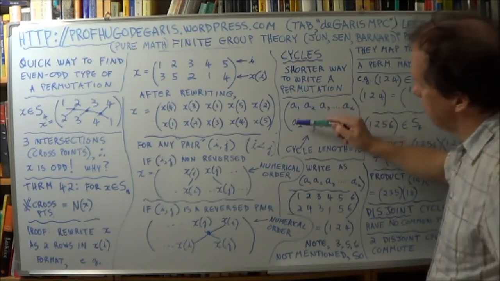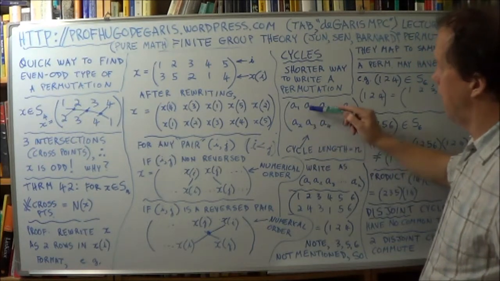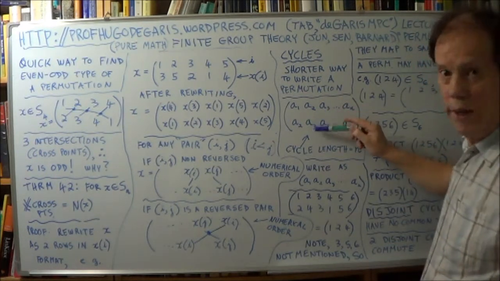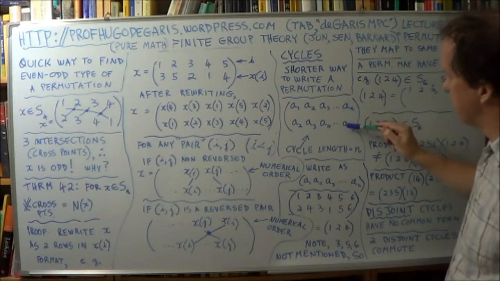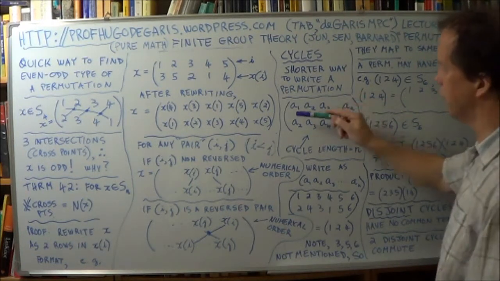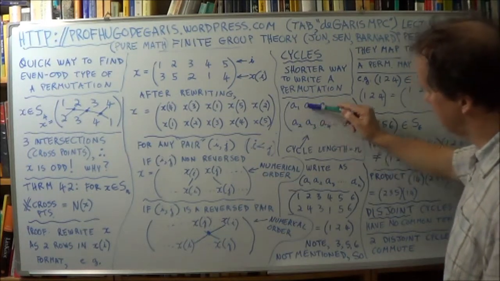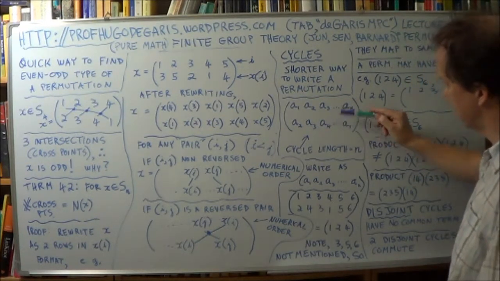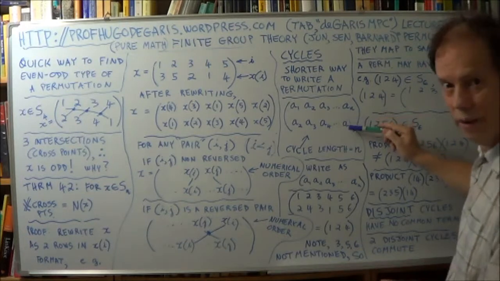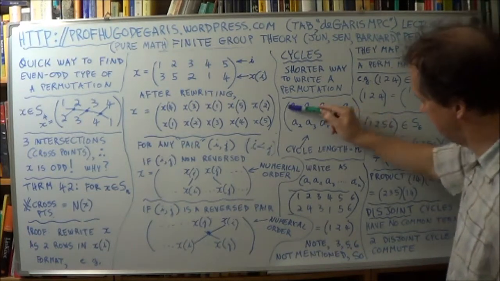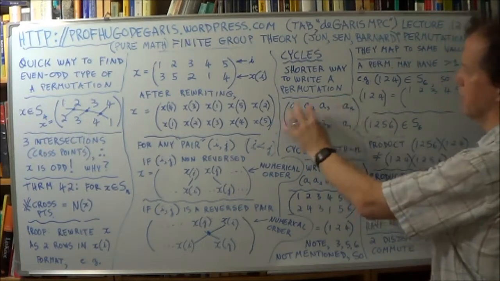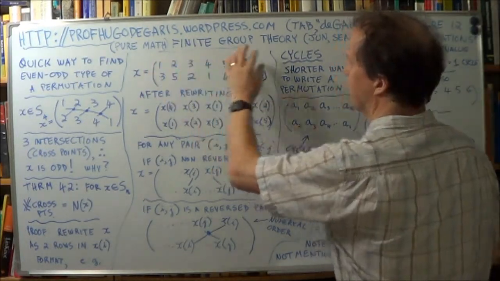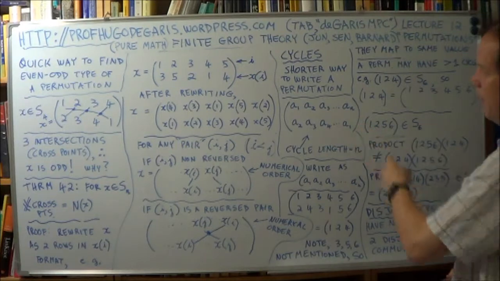So if A1 maps to A2, and A2 maps to A3, and A3 to A4, and then An maps to A1, well there's your cycling. So A1 goes to A2, goes to A3, goes to A4, goes to An, goes to A1. Then you're back to here and you cycle. So this format is like a special case of this, in a sense.